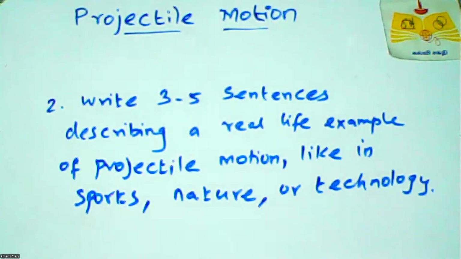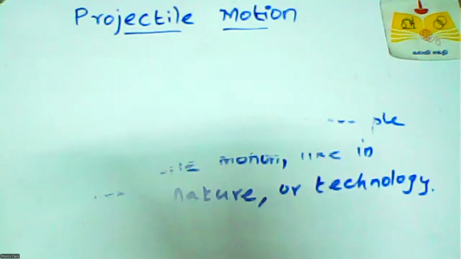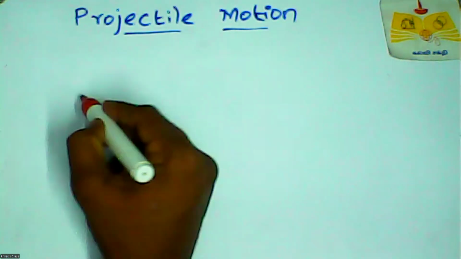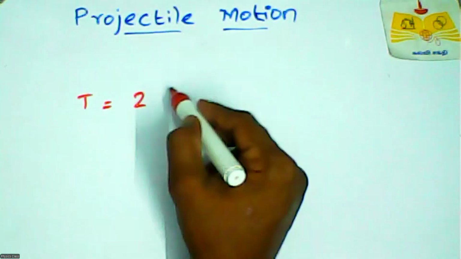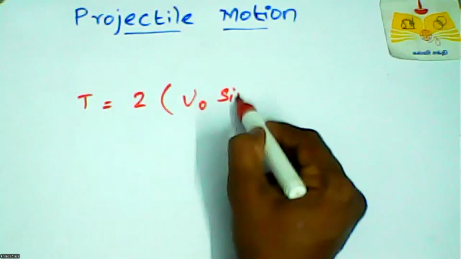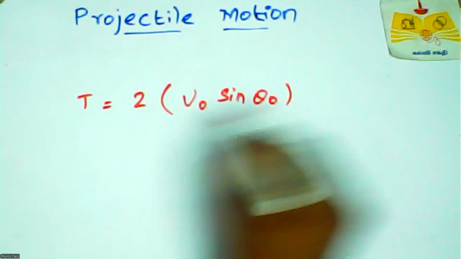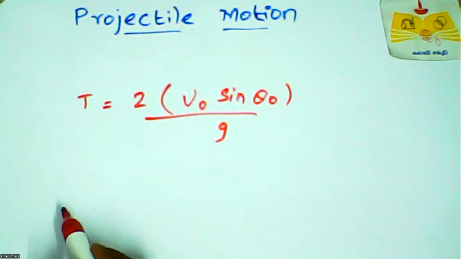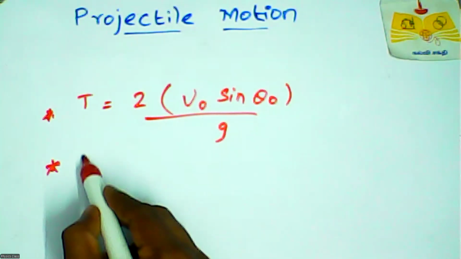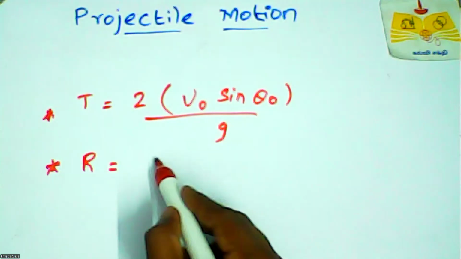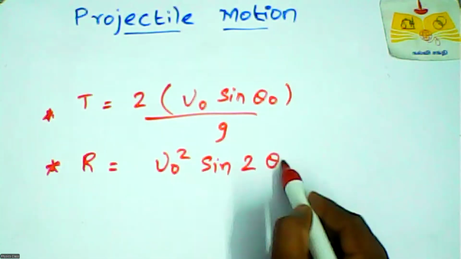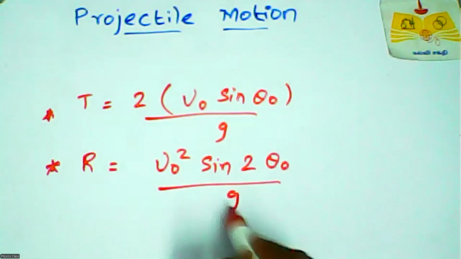Again, I will write the three important equations now for your reference, for your understanding. Time of flight: V naught sine theta naught by g. The next one, range of projectile: R equals V naught square sine 2 theta naught by g.